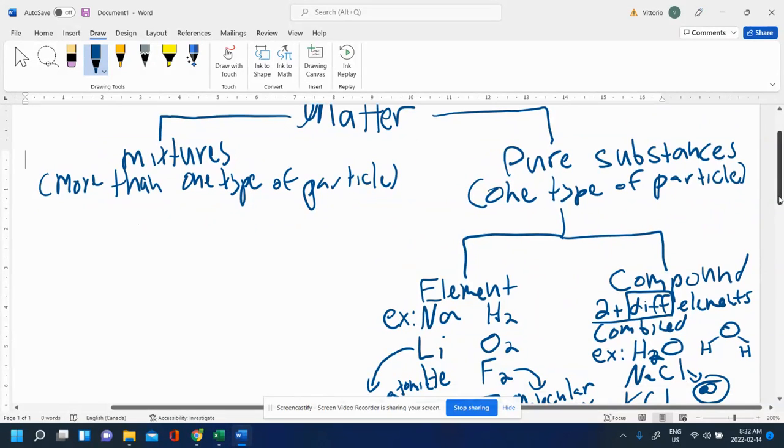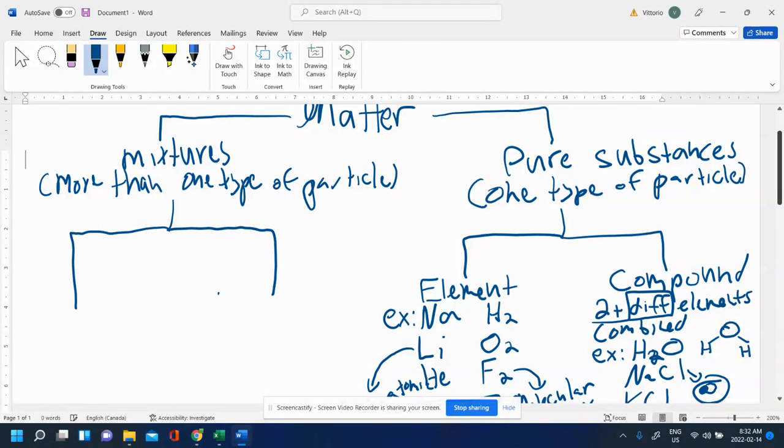Mixtures can also be further divided into different categories. You can have heterogeneous mixtures, and then you can also have homogeneous mixtures.